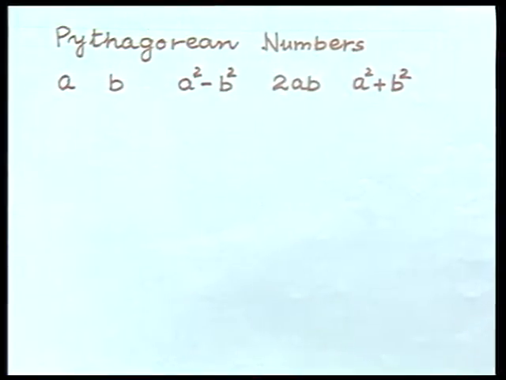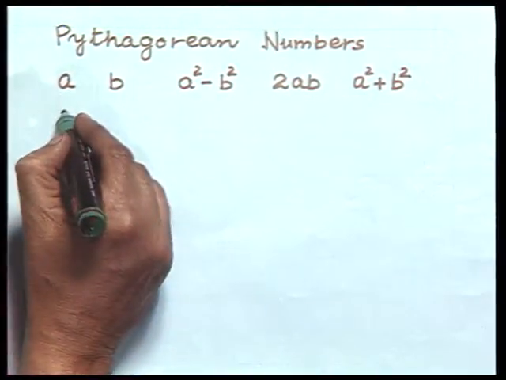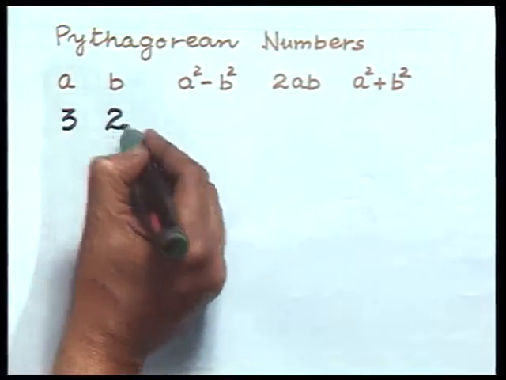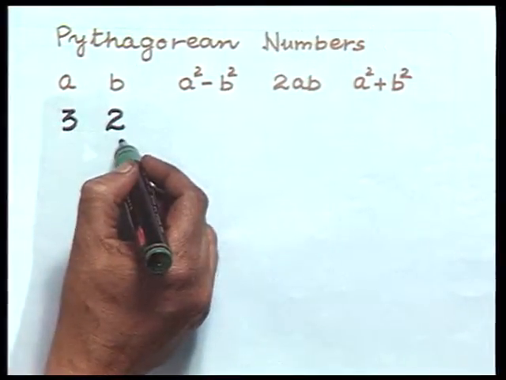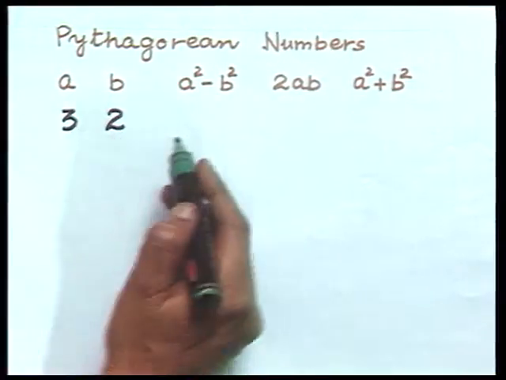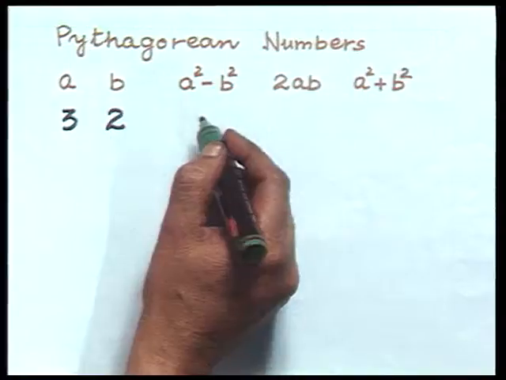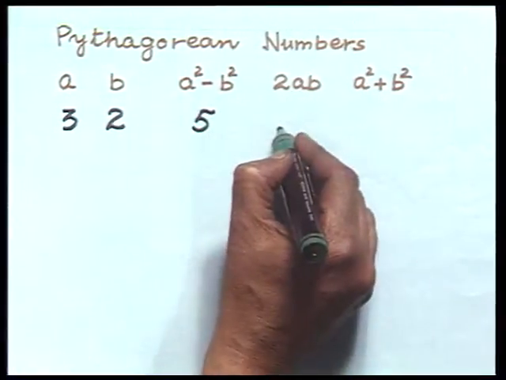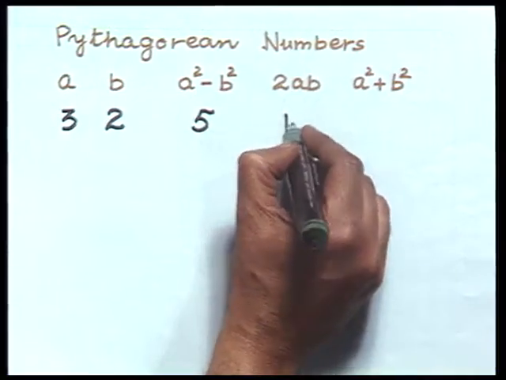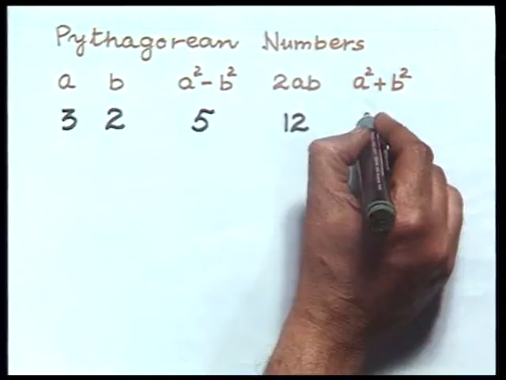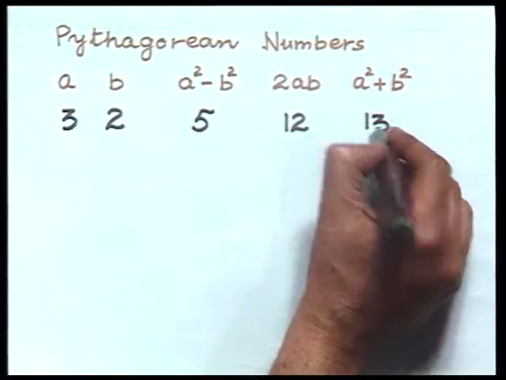Let us take a as 3 and b as 2. While selecting the numbers a and b, care has to be taken that a has to be greater than b. So, a squared minus b squared works out to be 5, 2ab works out to be 12, and a squared plus b squared is 13.